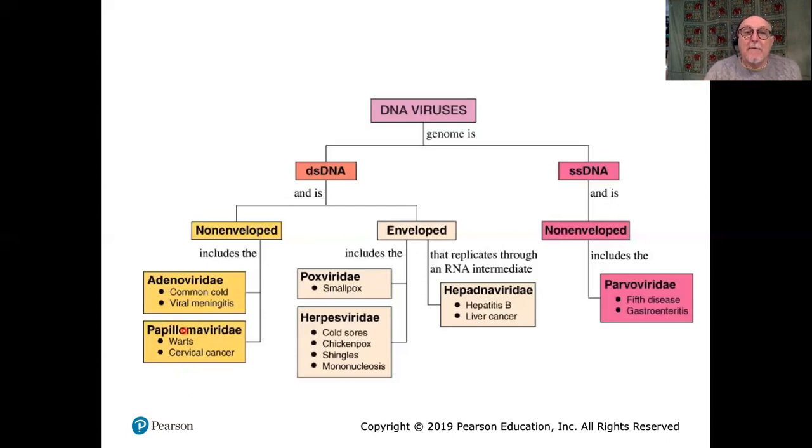I will just tell you that papillomaviridae include the common warts, which are more common in children, do occur throughout life, but are more common in children, just the benign warts on skin. But papillomavirus is also responsible for genital warts.